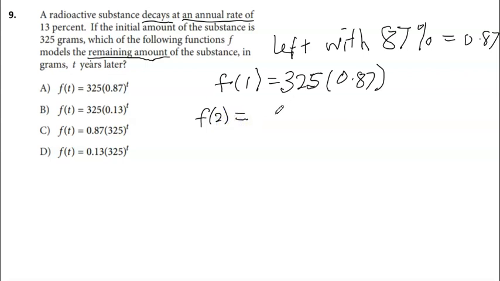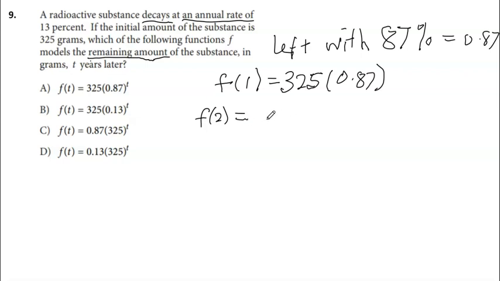Remember, for the second year, I will have to use what remained after the first year and then multiply by 0.87 again, because it is always decaying based on where it started from.